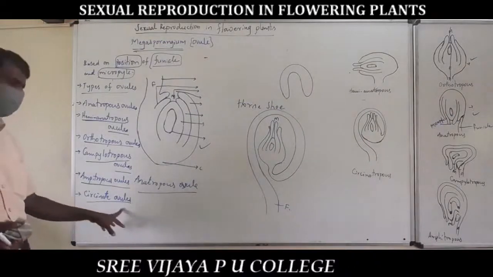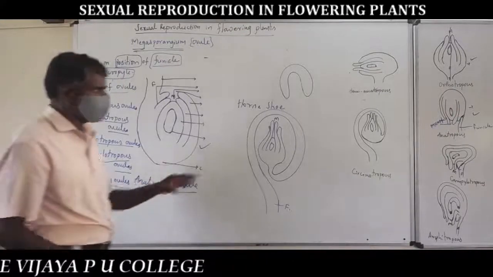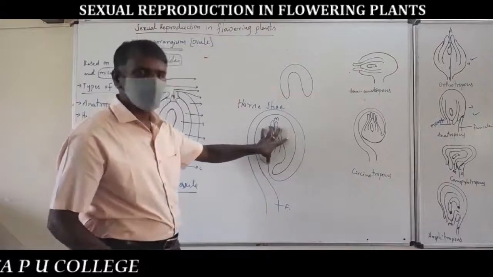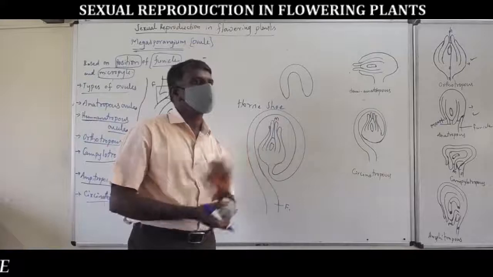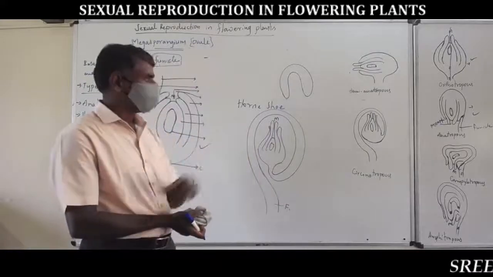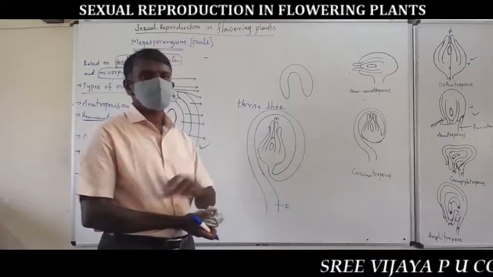In the succinate type of ovules, the entire body of the ovule turns one complete turn, a complete round or 360-degree angle.